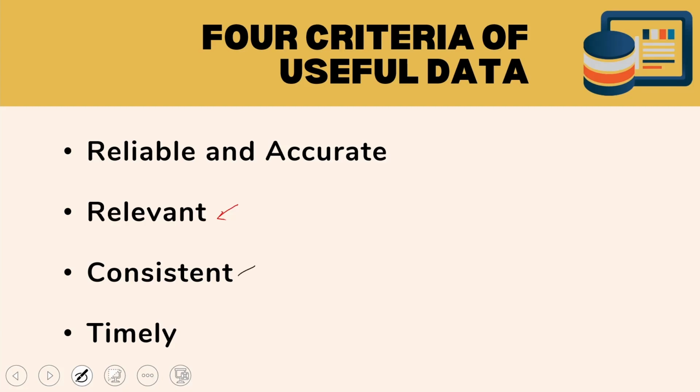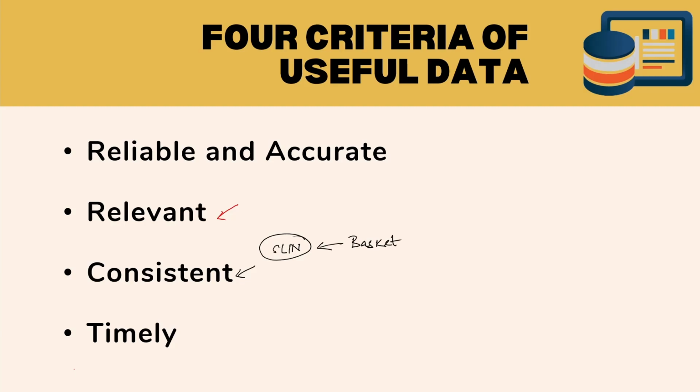Thirdly, the data should be consistent. Consistent means that data definition should not change in between the series of data collection. So one example you can consider is the cost of living index number. If you check the cost of living index number definition, then it is decided based on a particular basket of goods that the government decides.